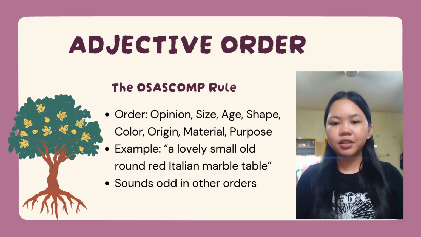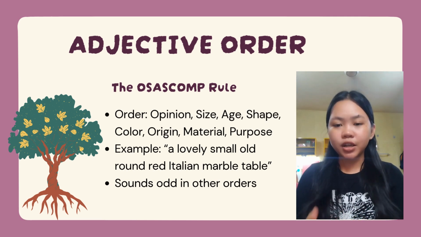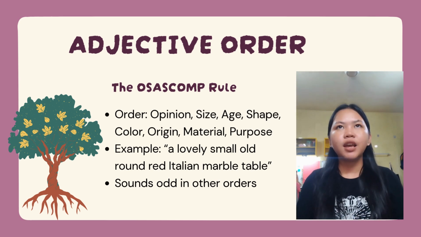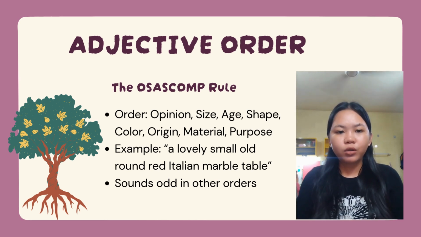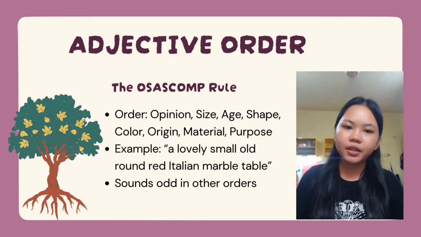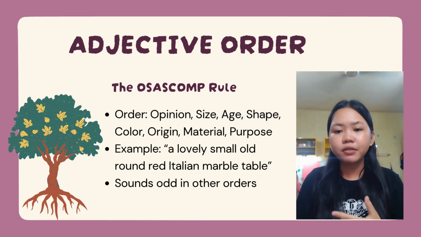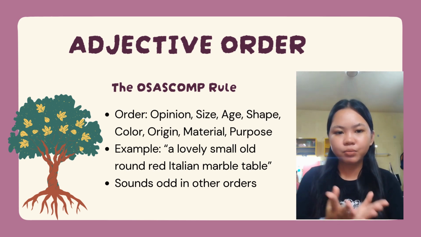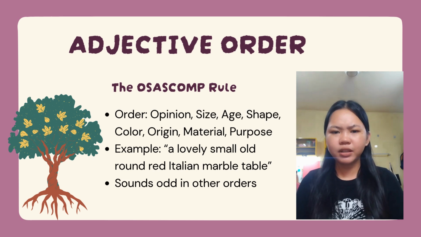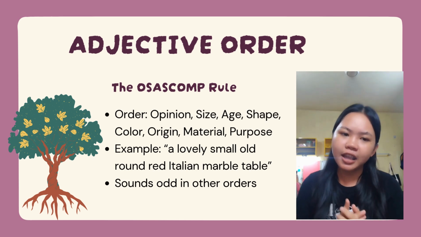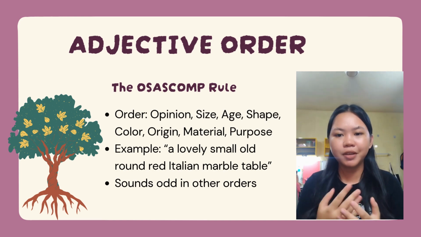We can memorize it using the word OSASCOMP. For example, we say a lovely small old round red Italian marble table. For other orders, like a marble red Italian lovely small old round table, it just sounds off. Even native speakers often can't explain the rule, but we know it intuitively.